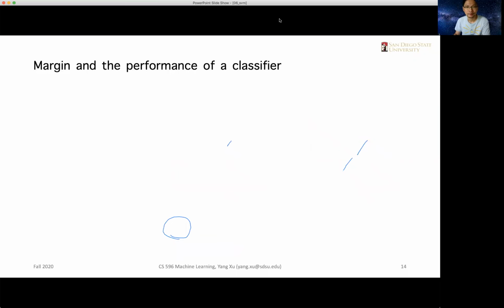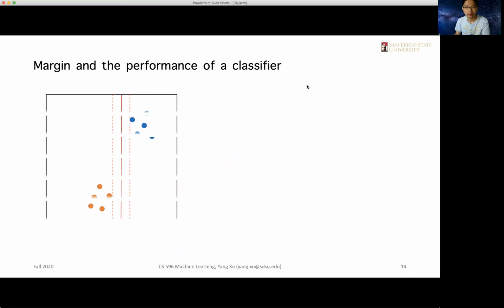So now if we use this simple example to show, if the margin is small, this is a quite small margin. If we draw the decision boundary like this, then what if we have some new data? Then the data here is misclassified, right? It is closer to this blue cluster, but it is classified as yellow because it's on the left side.